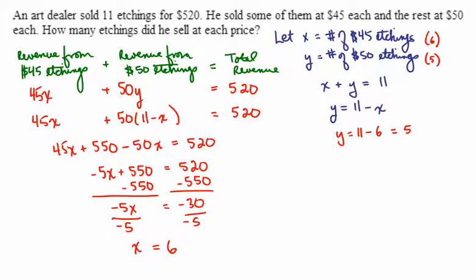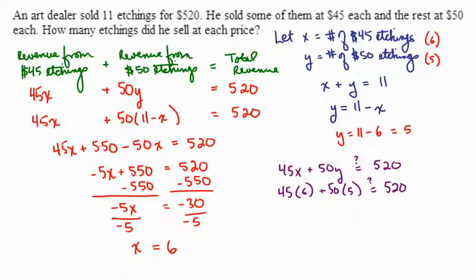And what we want to do here is just verify that we got the answer correctly by going back to our original equation, 45x plus 50y equals 520. And this time substituting in our values for x and for y and seeing if we get the same result on both sides.